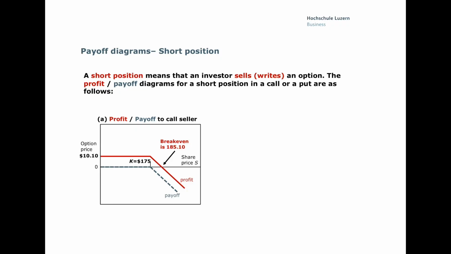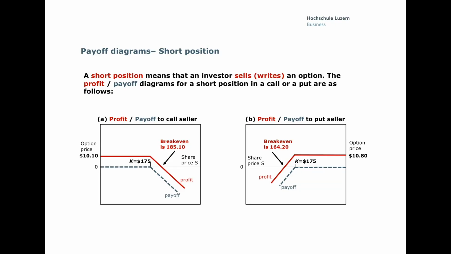Being more specific and assuming again an exercise price of $175 and an option premium of $10.10, break-even is at $185.10. If the price of the asset increases beyond break-even, the investor incurs a loss. Note, the payoff diagram indicates that potential losses can become arbitrarily large.